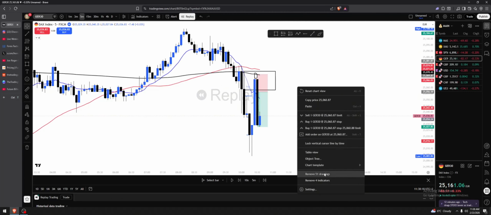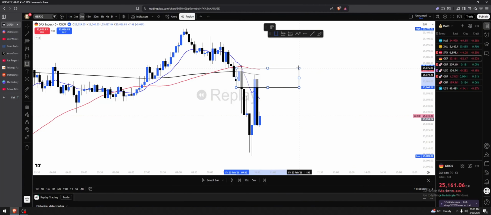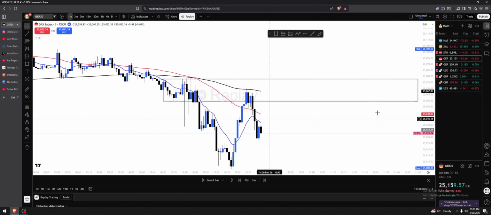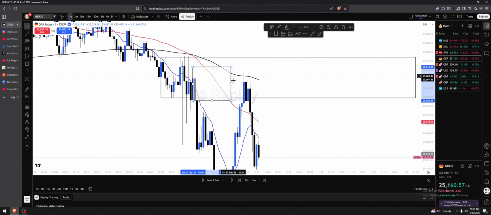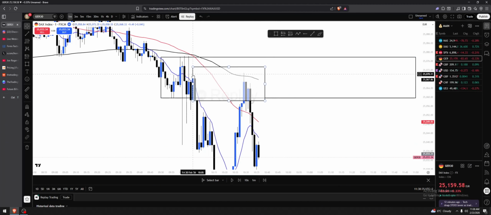Look at this. Well, you see, this is our 5-minute zone, and if I scale back to 1 minute, it's almost our zone. You see that? So this is high time frame confluence.